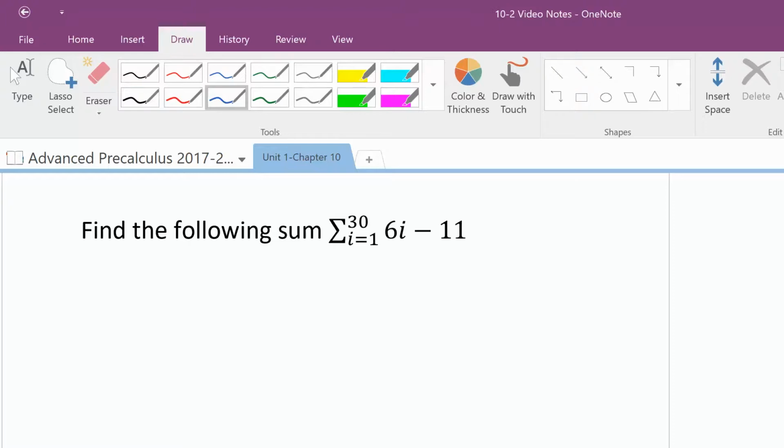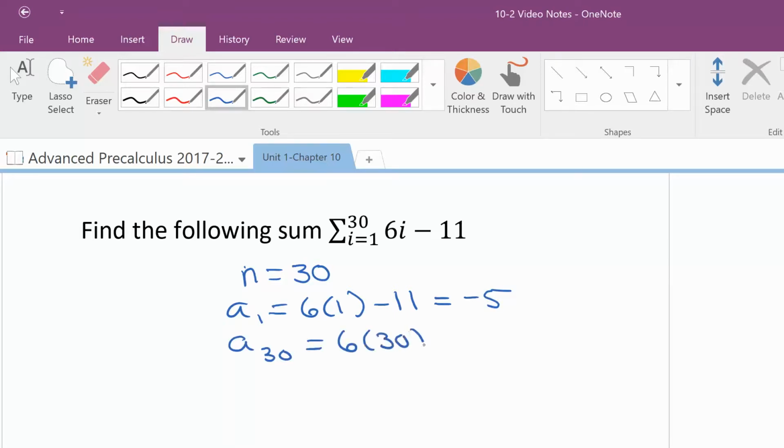You can also do the sum with summation notation. Here, we know there are 30 terms. The first term we can find by going 6 times 1 minus 11, so that's 6 minus 11, which is negative 5. The 30th term we can find by putting 30 in, so 180 minus 11 is 169.